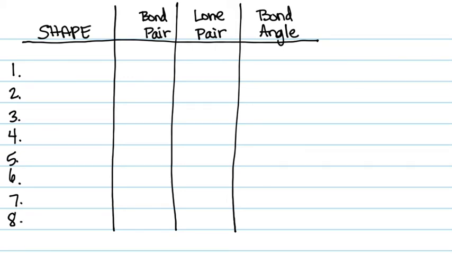Okay, the first one we looked at was called linear. And linear has two bonding pair, no lone pair around the central atom, and the bond angle was 180 degrees. The next one that we looked at was called trigonal planar.